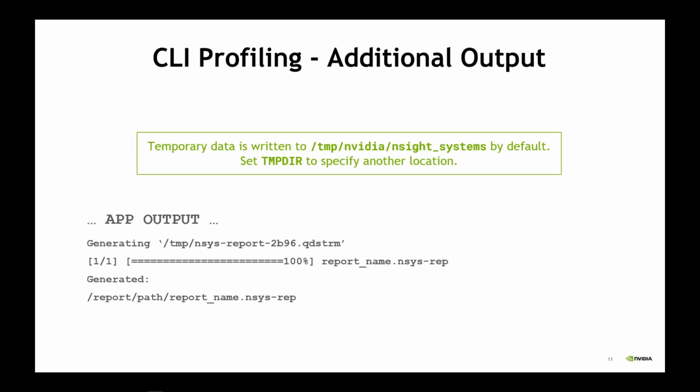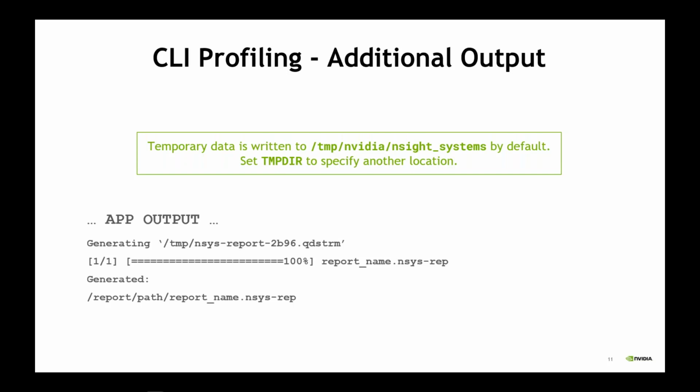One last hint for the profiling part here. On some clusters, the temp directory is super small. So for example, just 100 megabytes, all stored in main memory, which is pretty often the case in newer HPC systems. And since Nsight Systems is writing the temporary data in /tmp, you should know that you can use the TMPDIR variable and set it to a specific other location, and then Nsight Systems will write the temporary data there.